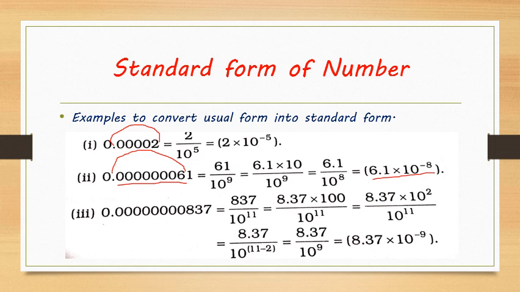Similarly, here we have to move this one. So how many digits? 9 digits are there. Since we move 9 digits towards the right, towards the right means minus, so 10 to the power minus 9. The answer will be 8.37 into 10 to the power minus 9. Okay.